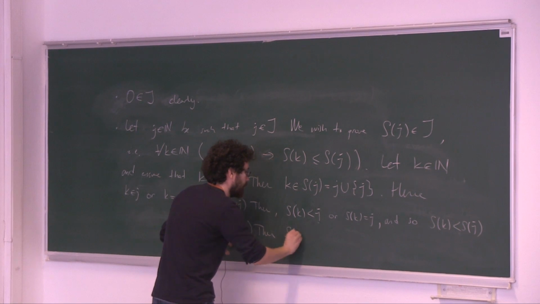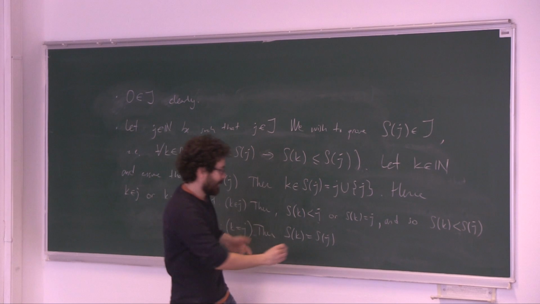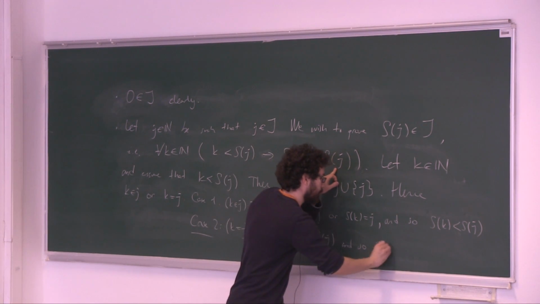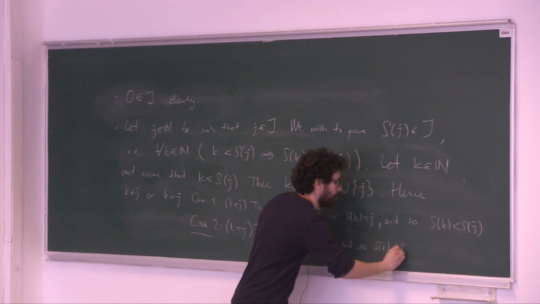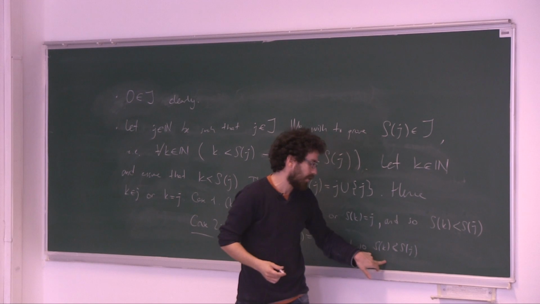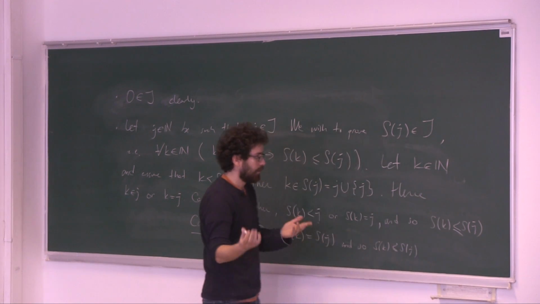Then S of K equals S of J, clearly. Therefore, this still holds. Okay? So in both cases, I have S of K less than or equal to S of J. In the first case we have something stronger, but I can just put this. That's fine.